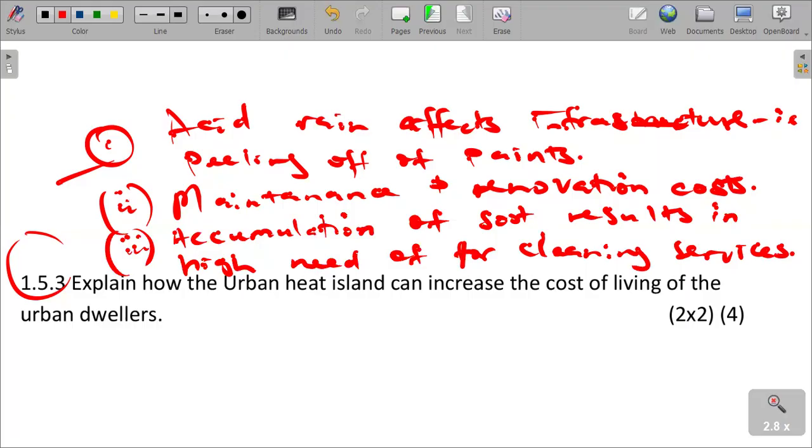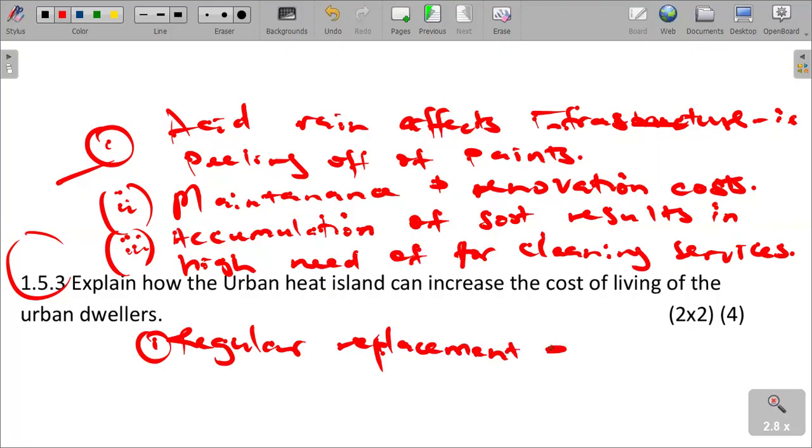We talk about regular replacement and purchase of air conditioners.